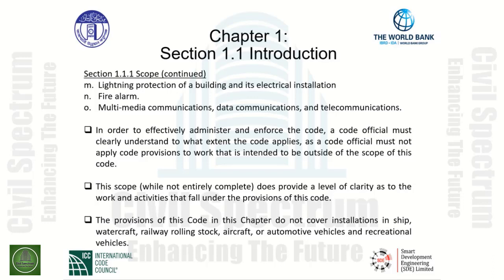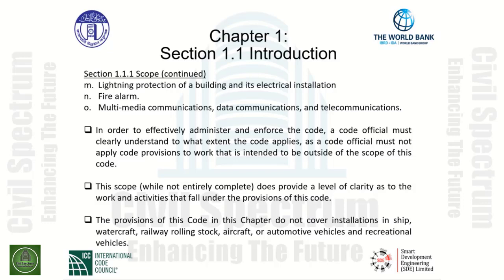As the code official applies a given code provision, the intent is to make sure that the application fits the scope of the code. That is the language that is so necessary in the scope part of the code.